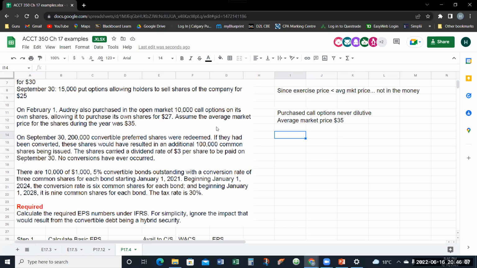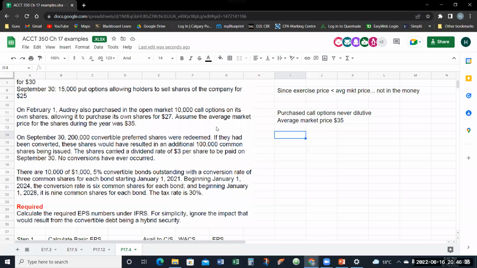So these shares were redeemed on September 30th. For 9 months of the year, from January 1st to September 30th, these convertible preferred shares were outstanding. They could have been converted into common shares, right? So it's like a hypothetical. We could have converted the preferred shares into common shares, and that would have had consequences.